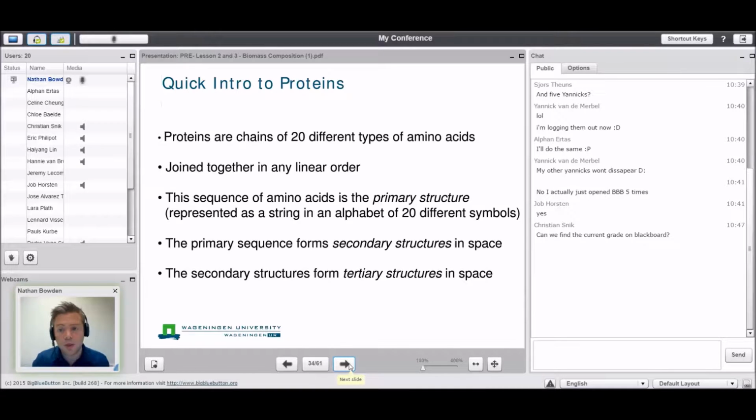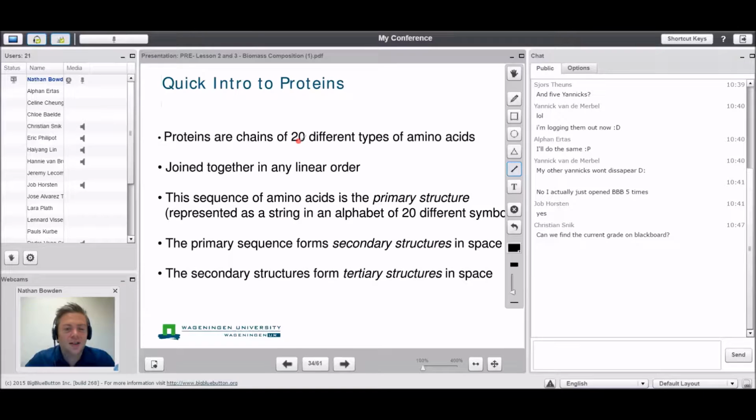So, what are proteins? I think most of you would know approximately what a protein is, maybe even more than approximately, but just to get everybody up to speed. Proteins are chains of 20 different types of amino acids. Not always true, actually. Well, there are 20 found in every living cell. Well, that's also not actually true. But 20 amino acids are coded by plant DNA.